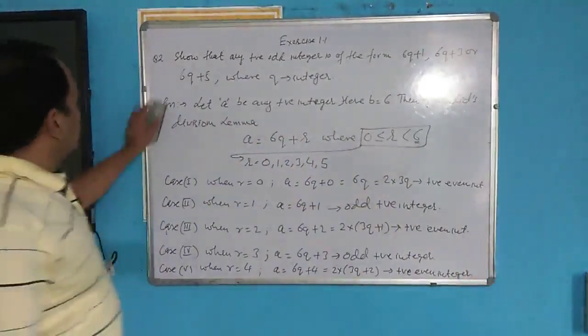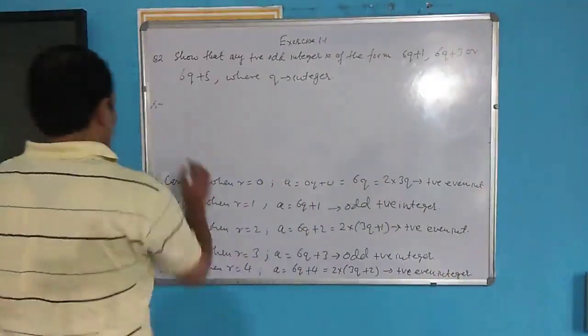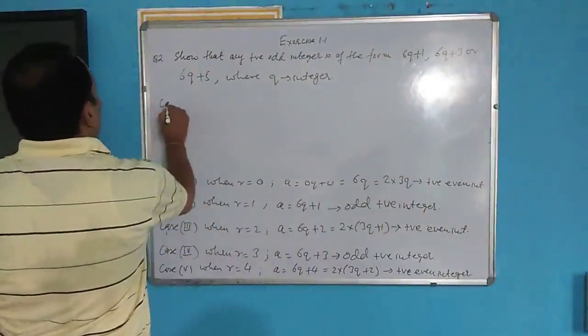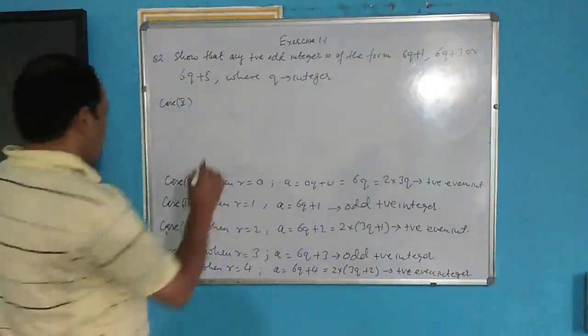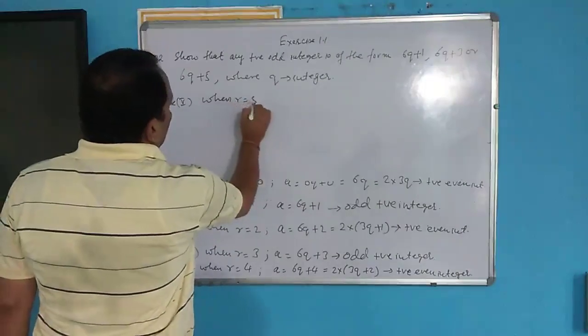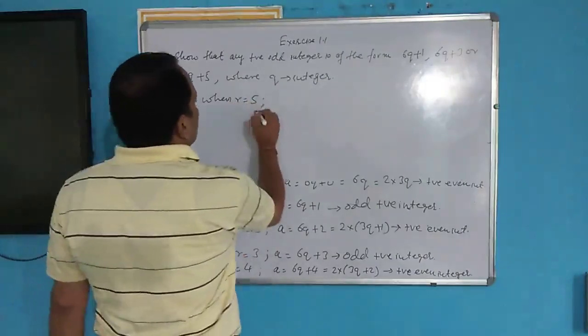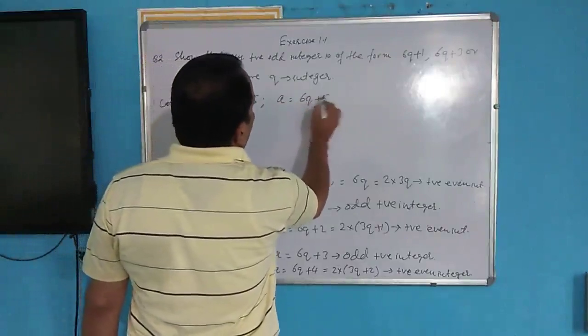Next, case 5, the next possible value is when r is equal to 5. Putting r equal to 5 in this equation, we get 6q plus 5.